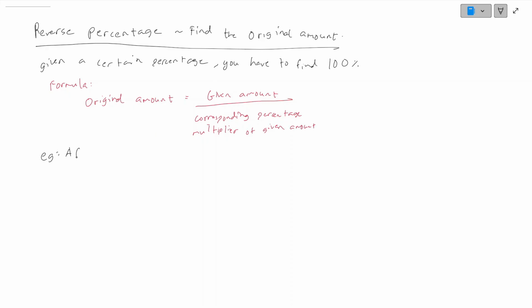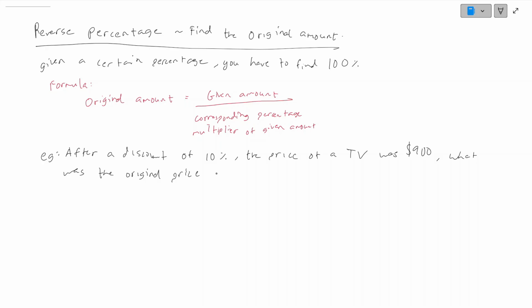So suppose after a discount of 10%, the price of a TV was $900. What was the original price before discounts? And the formula for that is the original amount, which we're finding, is equal to the given amount, which is $900, divided by the corresponding percentage multiplier of that given amount.